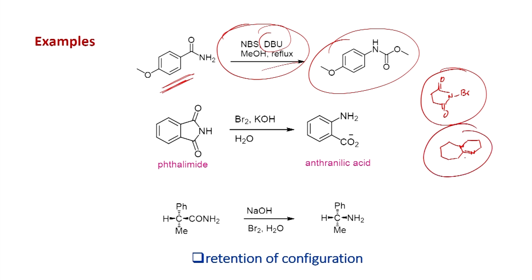This is DBU they have used. When you use this combination, as we have just seen, you can deprotonate this one, and you can add bromine as we have seen, then again it can undergo rearrangement, and you will be able to form the corresponding isocyanate.